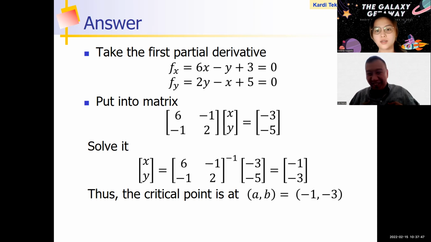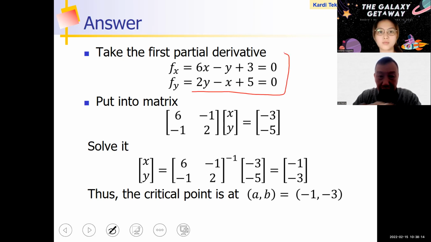Very excellent. When you take the partial derivative with respect to x, the y is assumed to be constant. If you take the partial derivative with respect to y, the x is assumed to be constant. Once you do this, you get a system of equations, and then you can solve it using a matrix.